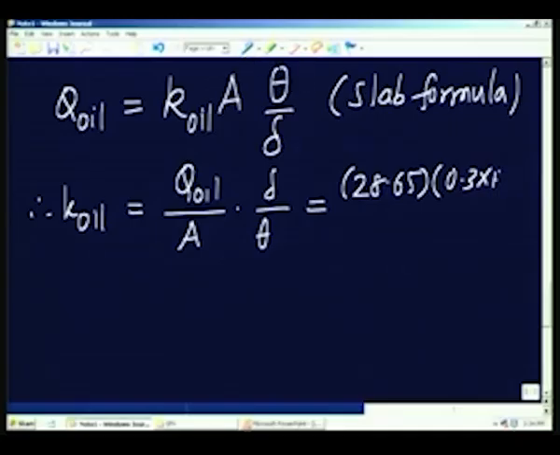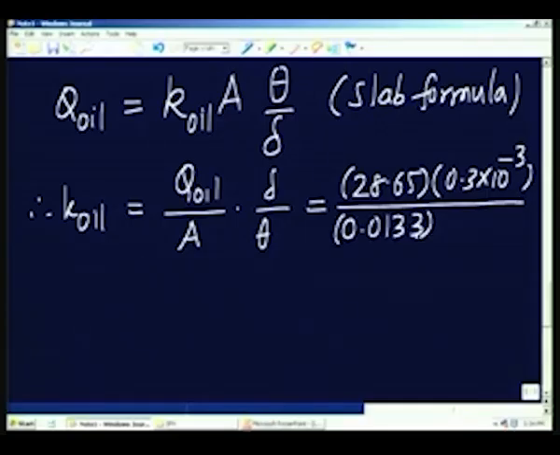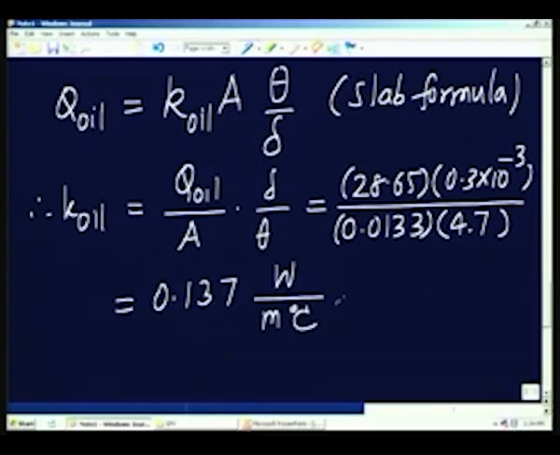So, it will be 10 to the power of minus 3 divided by 0.0133 square meters, the area available for the heat flow, multiplied by 4.7 degrees Celsius. So, this will work out to 0.137 watts per meter degree Celsius. This is the first answer we require. The thermal conductivity of the engine oil is 0.137 watts per meter degrees Celsius.